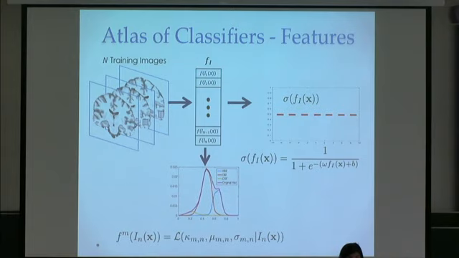So now, rather than having one scalar to represent each voxel in each image, we have one vector, and our sigmoid or logistic regression function changes accordingly.